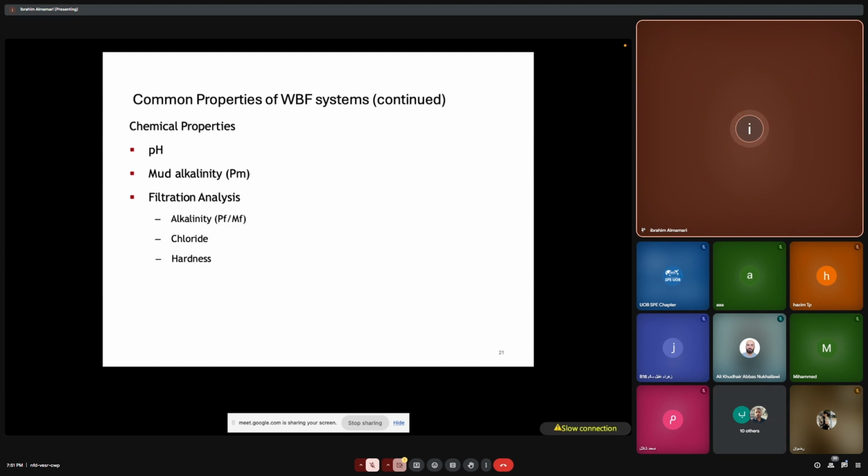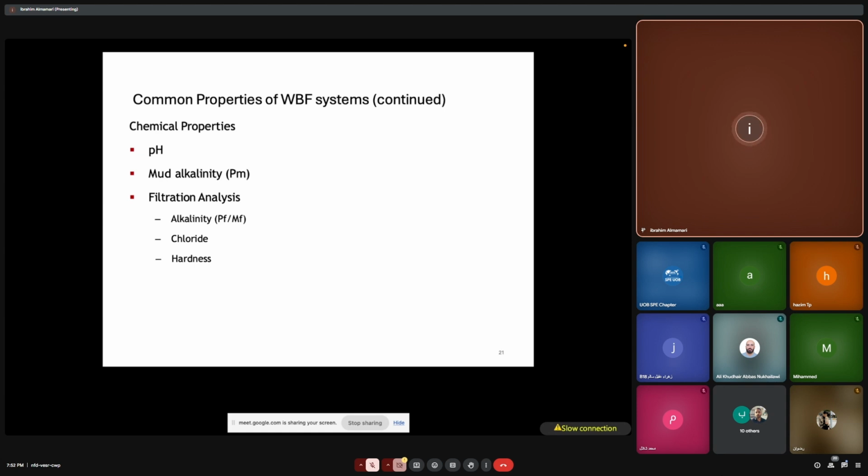And we have the filtrate analysis. What I mean about filtrate analysis, when you do your API, because you have a mud, you will have a brown color, it has solids. So when you do filtrate, it will come all water. That water, you do another test with it. You will do an alkalinity, PF and MF will give you these numbers, which will give you certain contamination, and you can do chloride and hardness as well.